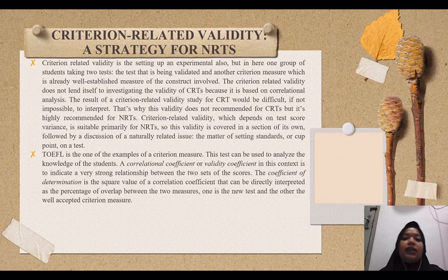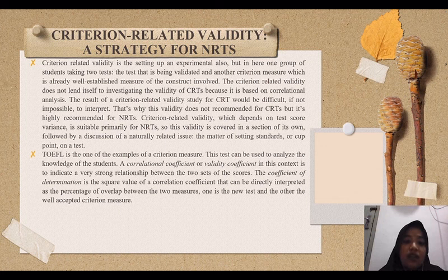Okay, the next validity is criterion-related validity. This validity is a special strategy for NRTs. Criterion-related validity is also setting up an experiment, but here one group of students takes two tests: the test that is being validated and another criterion measure, which is an already well-established measure of the construct involved.